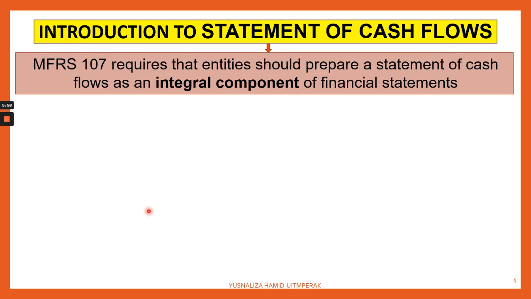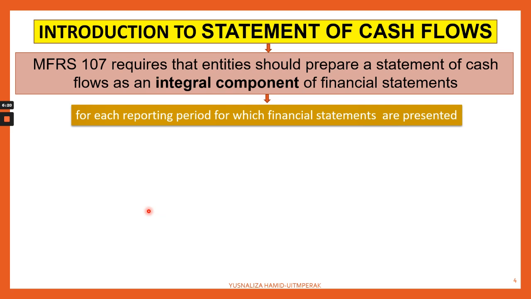Mfrs 107, which is the standard, or in international standards we have IAS 7, requires all entities to prepare a statement of cash flows as an integral component of financial statements. So basically cash flow is part of the financial statements for each reporting period.